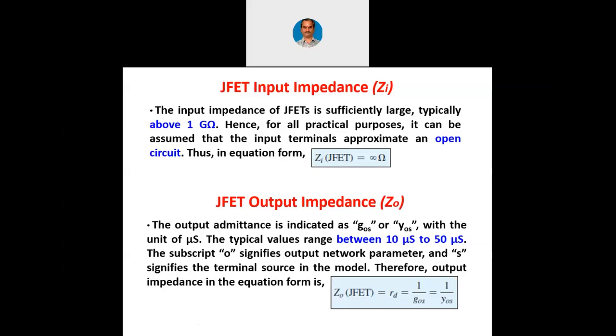Yes, correct. Output impedance has to be ideally 0 only when we connect the actual load. For example, in the case of a multi-stage amplifier, at the last stage we will have an amplifier. In the last stage, we are going to connect the loudspeaker as the load for an audio amplifier. Now, in that case, the loudspeaker has to draw a lot of power from the power supply so as to produce sometimes some kilowatts of output.